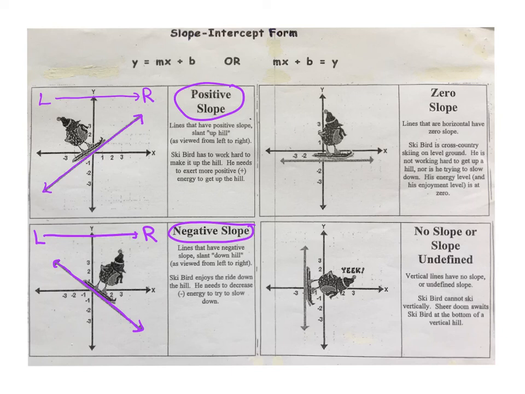And here are our two special cases. If the line runs side to side and it is horizontal, please take this down in your notes. It has what is called a zero slope.